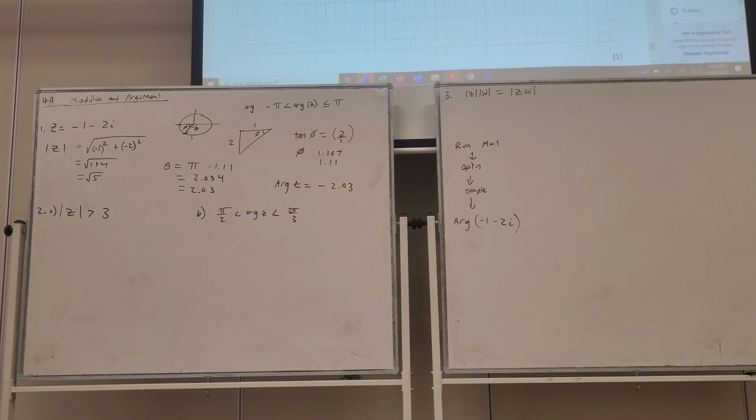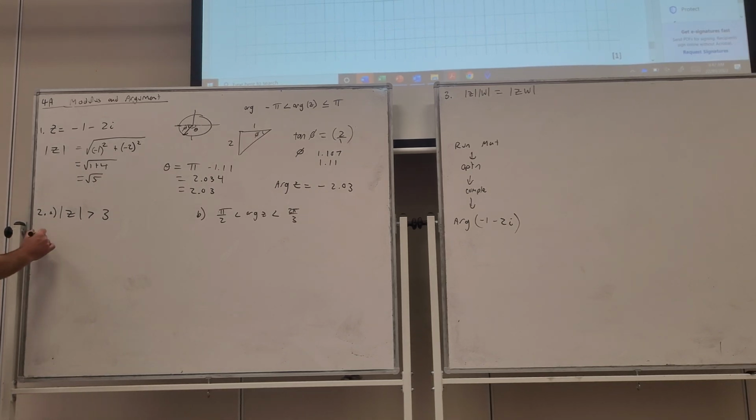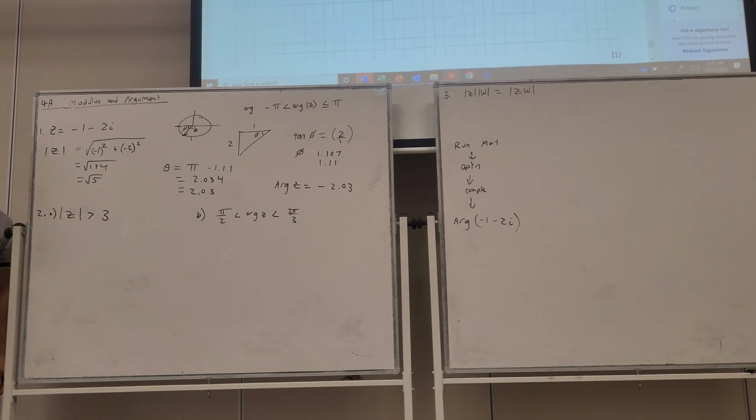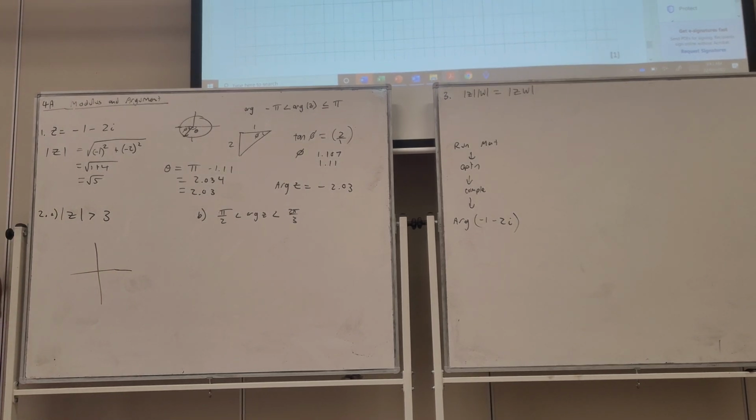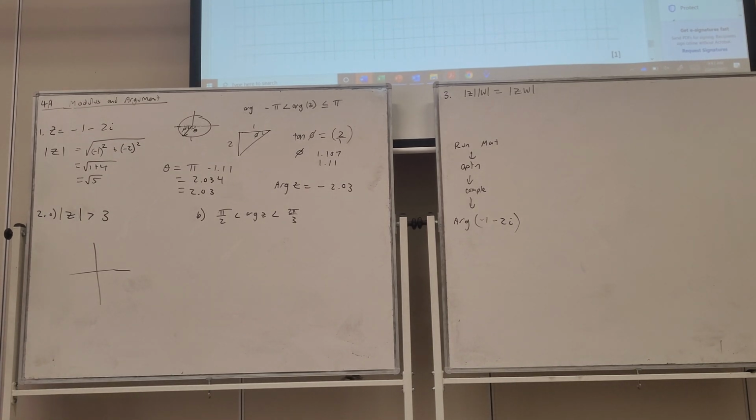Okay, part 2. We're going to sketch some regions here on the complex plane. So the first one says, sketch the region such that the modulus of z is more than 3. So if we think about the complex plane, and we've got some complex number, but we're saying the modulus of it has to be larger than 3.